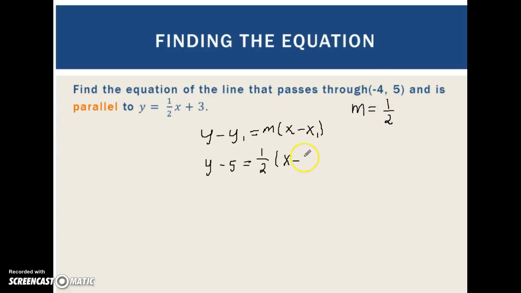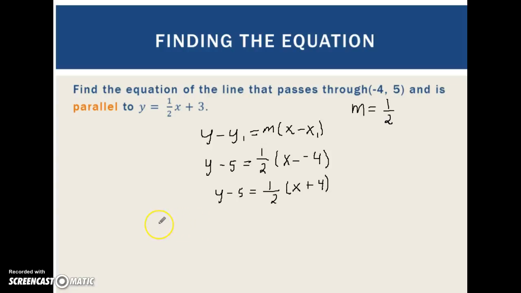Our x-coordinate is -4, so x minus a -4. And then writing it so that it's not minus a negative, we would have y minus 5 equals 1/2 times x plus 4. So this would be the equation in point slope form.